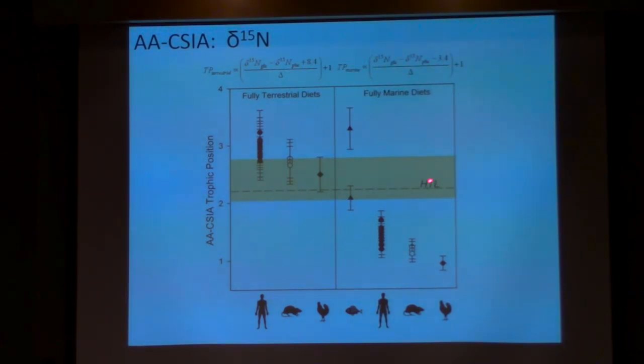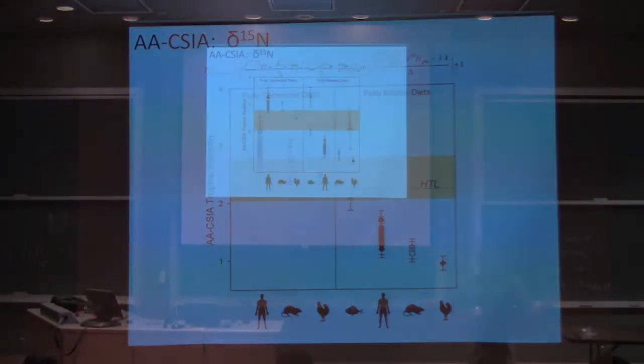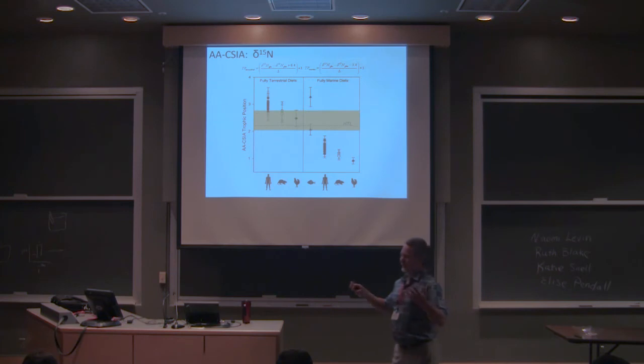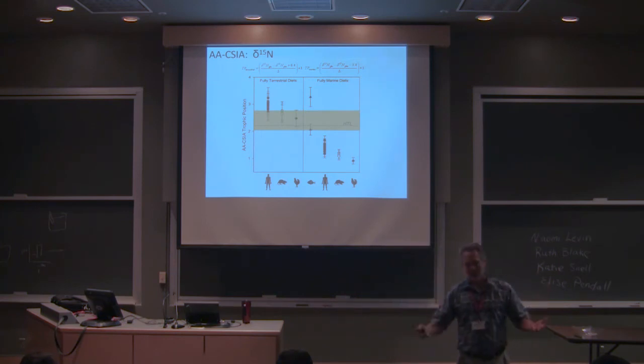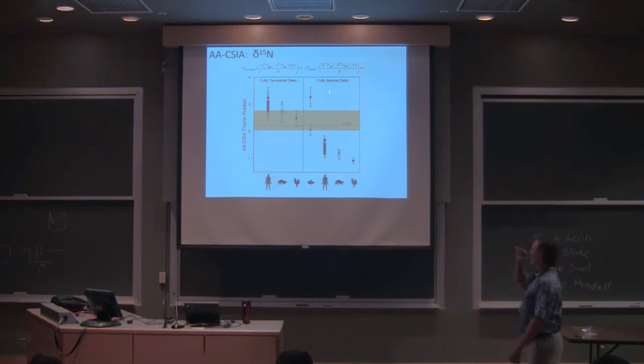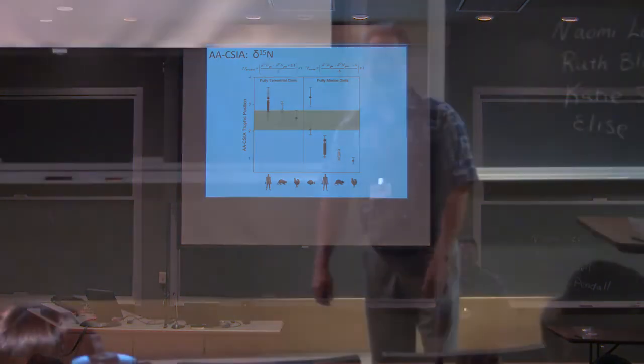Well, this is the range in human trophic level. There's a nice paper that looked at millions of records of food supply for nations. And it turns out the average trophic position of a modern human is 2.2. And the range is 2 to 2.7. 2.7 was sort of Icelanders circa 1960.